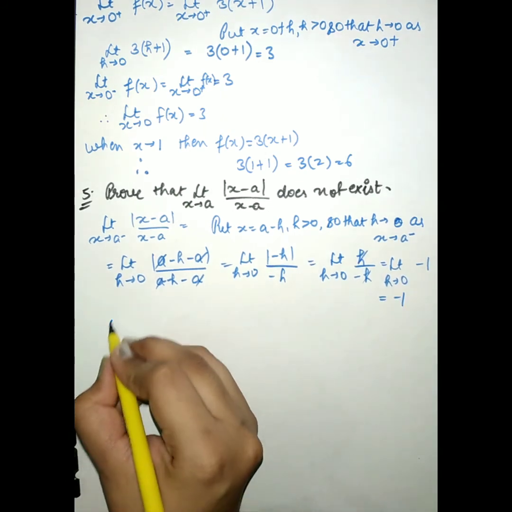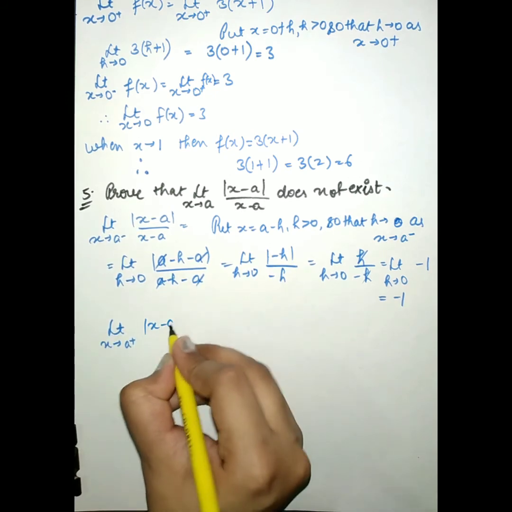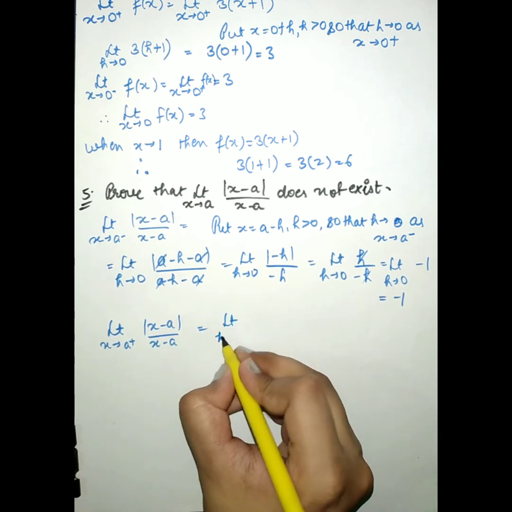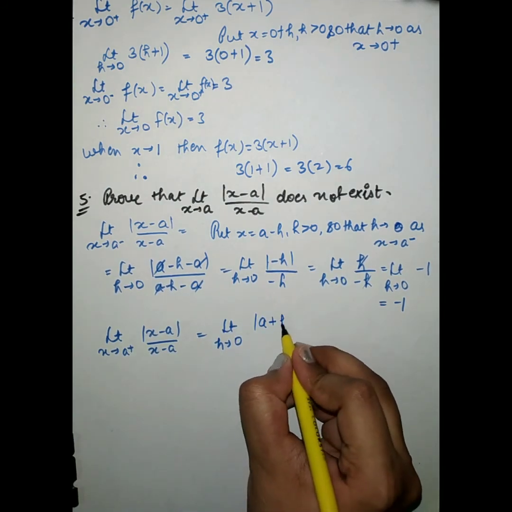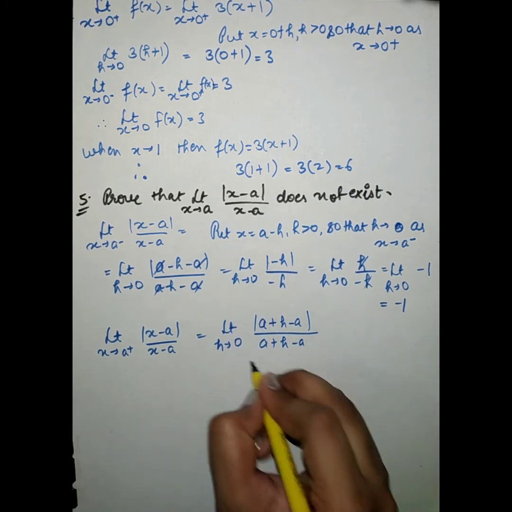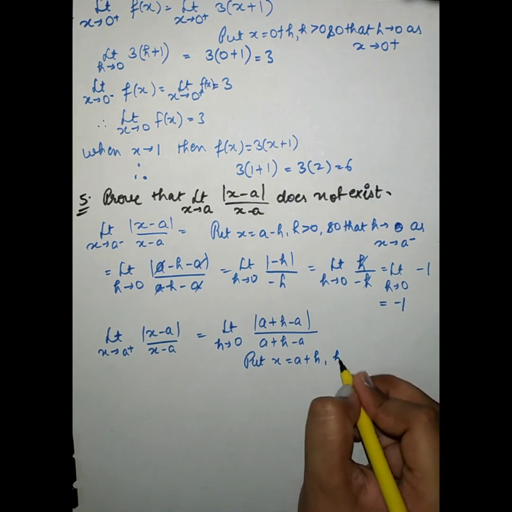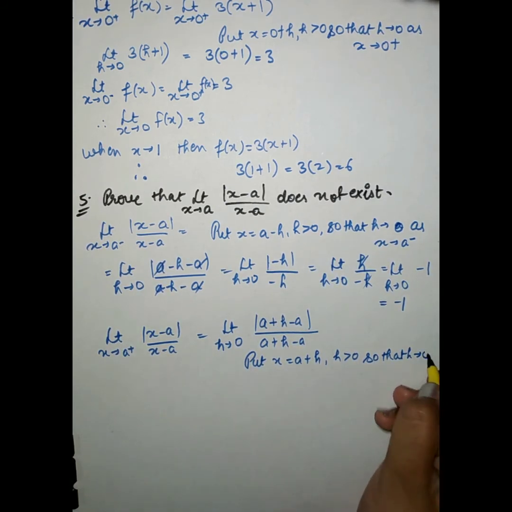Now limit x approaches to a positive, |x − a| upon x − a is equal to limit h approaches to 0, |a + h − a| upon a + h − a, by putting x equal to a + h, where h is greater than 0, so that h approaches to 0 as x approaches to a positive.